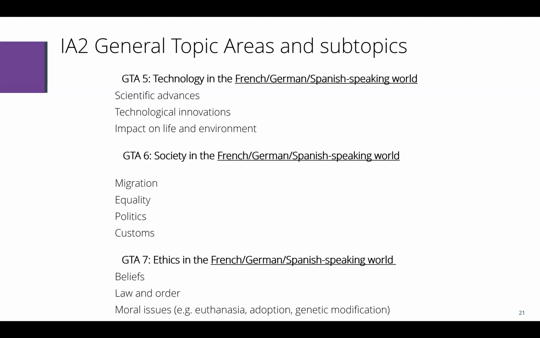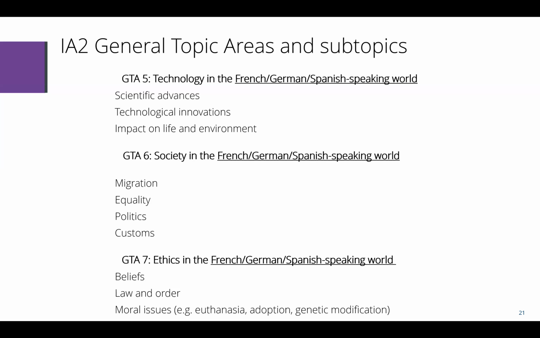Okay, so Emma has asked, is there a requirement in the writing and speaking for students to make references or comparisons between the target language country and their home country? There isn't a requirement. Just what I've been saying about the speaking, if anything from these three topic areas is covered, then they will definitely have to refer to the French speaking world.